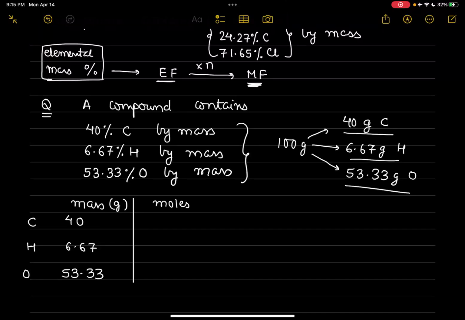What will be the moles of the carbon? Hydrogen, oxygen.